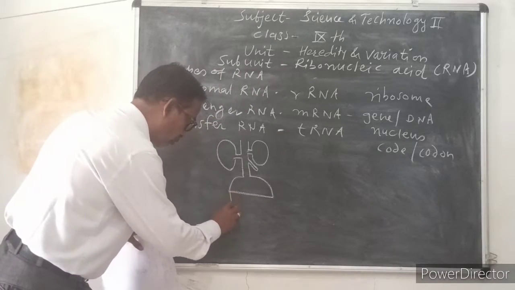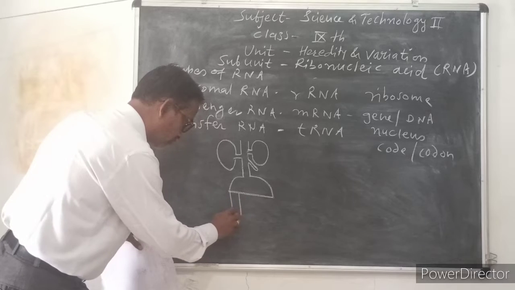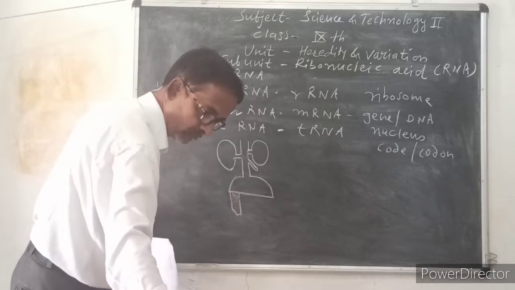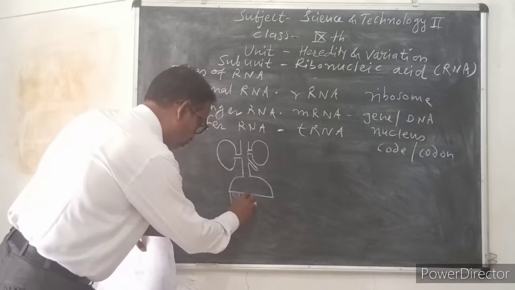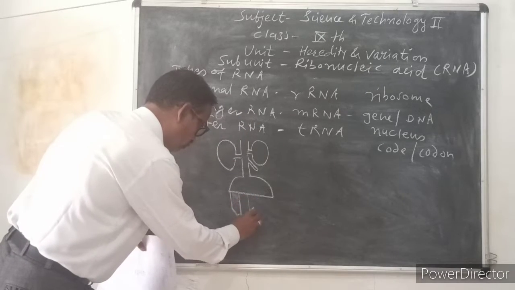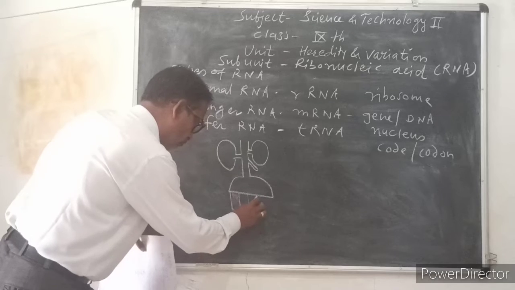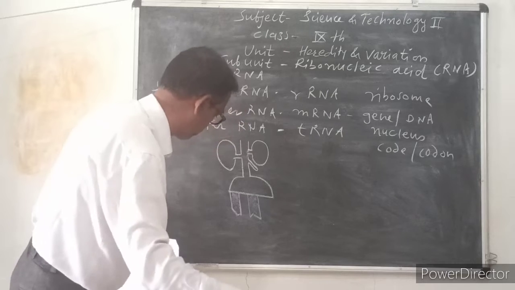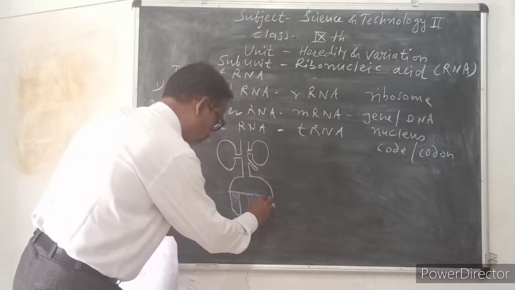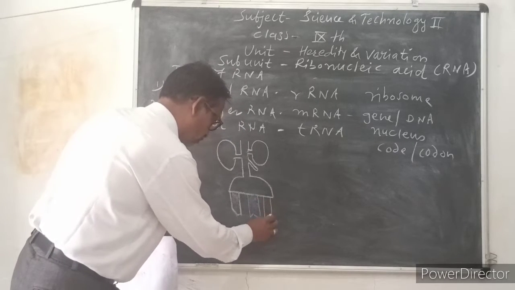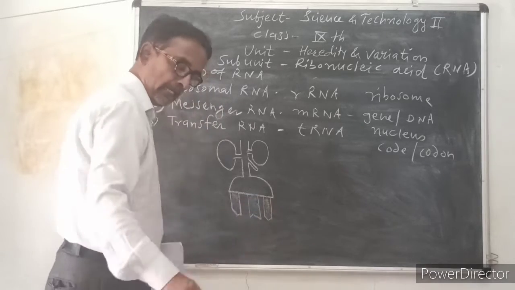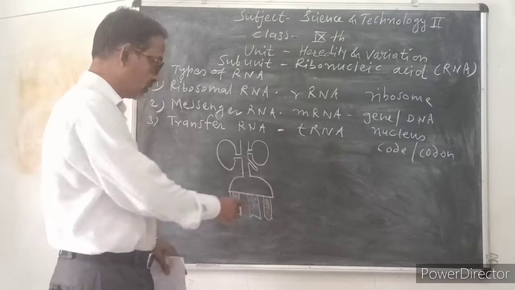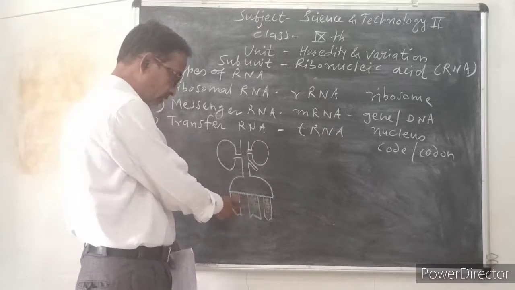Again there are codons like this. So this is the diagram of one of the transfer RNA. So these bands, these are in the form of codons.